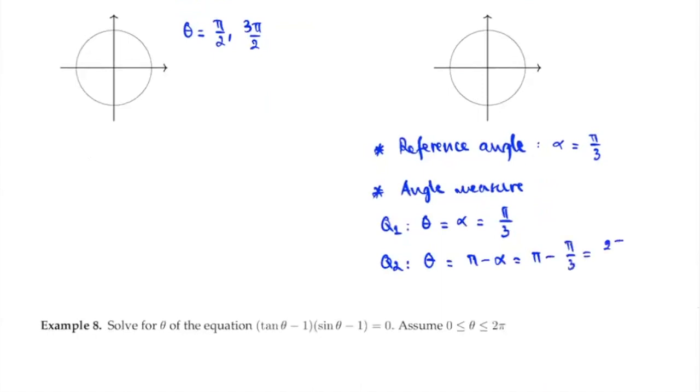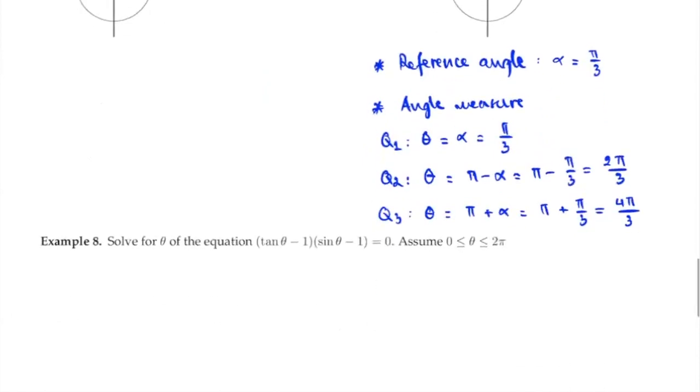Well, this is 2 pi over 3. In quadrant 3, you have theta equal to pi plus alpha, or pi plus pi over 3, or this is 4 pi over 3. And in the last quadrant, quadrant 4, you have theta equal to 2 pi minus alpha, or 2 pi minus pi over 3. This is equal to 5 pi over 3.